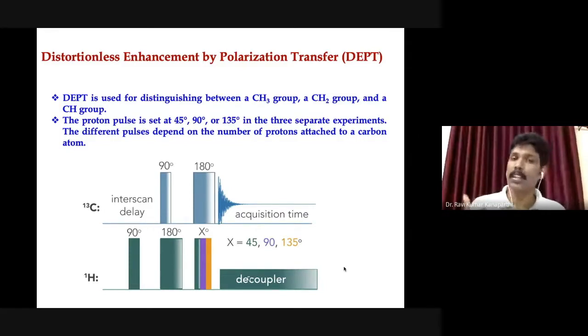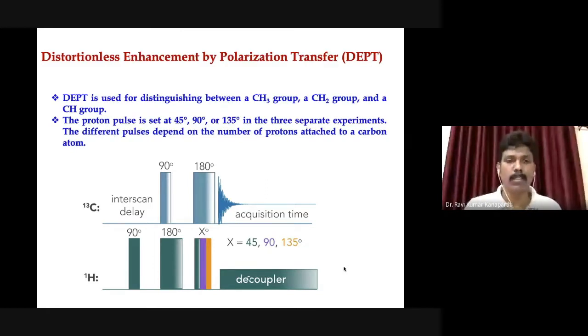In one single scan you will not be able to get the information, you will not be able to differentiate primary carbon from secondary, or secondary from tertiary. In fact, it is a combination of 4 scans, which is not one scan. Usually 4 scans are done under this particular experimental technique.